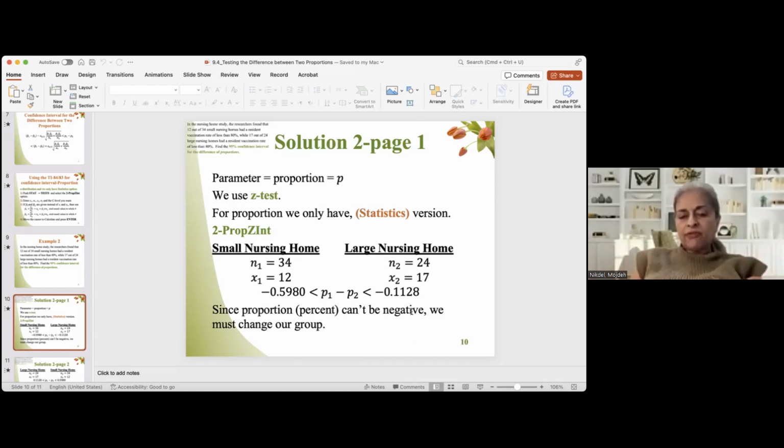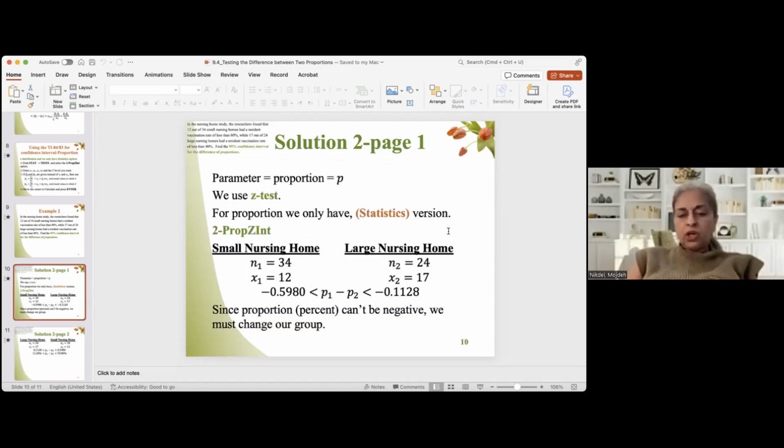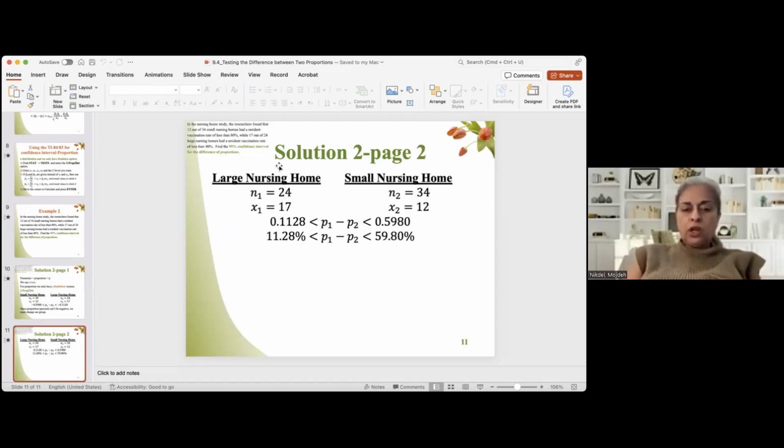So what I have to do is change my group. This time I called large nursing home group 1. Before, large nursing home was group 2, n2 was 24, x2 was 17. I changed the groups. Large nursing home group 1, so n1 is 24, x1 is 17.